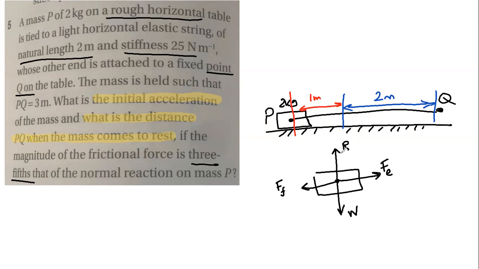Now, first of all, let me find the frictional force, because I can find the weight W, which is basically mg, which is 2 kilograms times 9.8, or 9.81 if you must. So let's do the number crunching first.